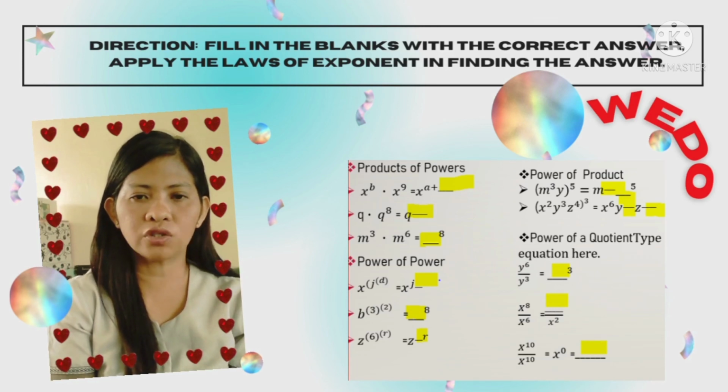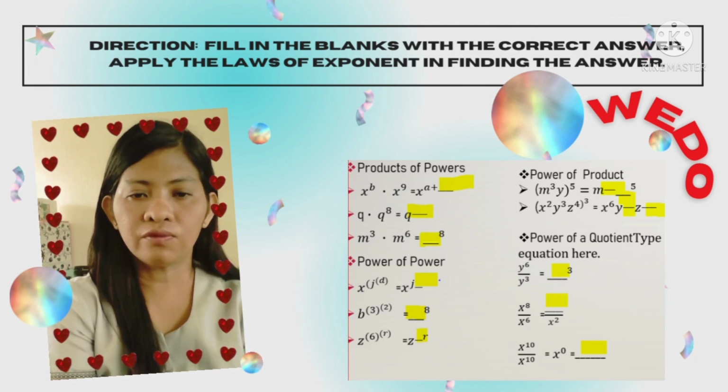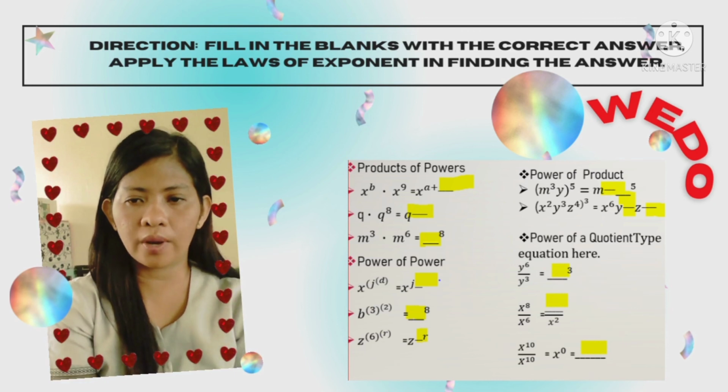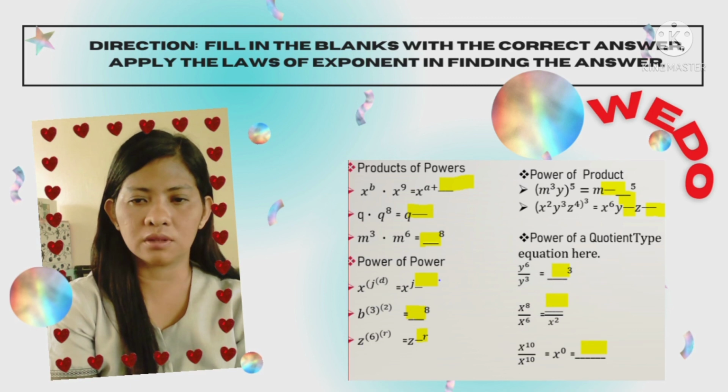Okay, so you will have a problem to answer. Direction: fill in the blanks with the correct answer. Apply the law of exponent in finding the answer. So you will just fill in the blanks with the correct answer and apply the laws of exponent we have studied.